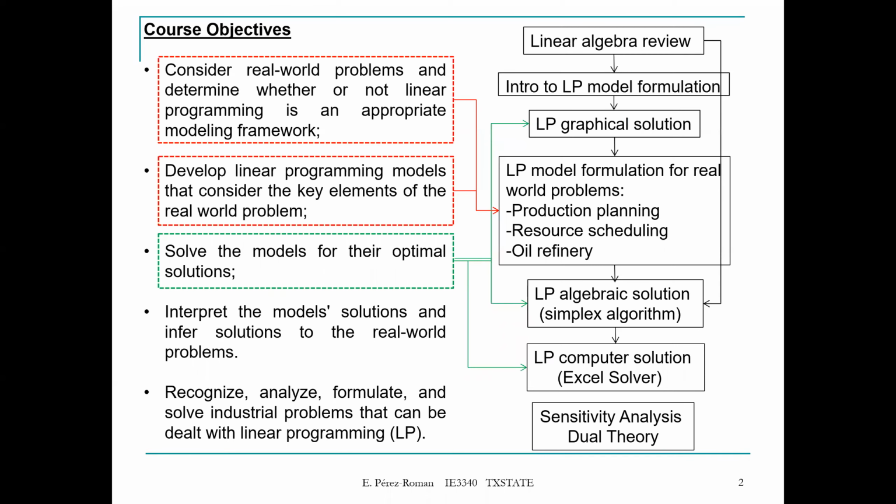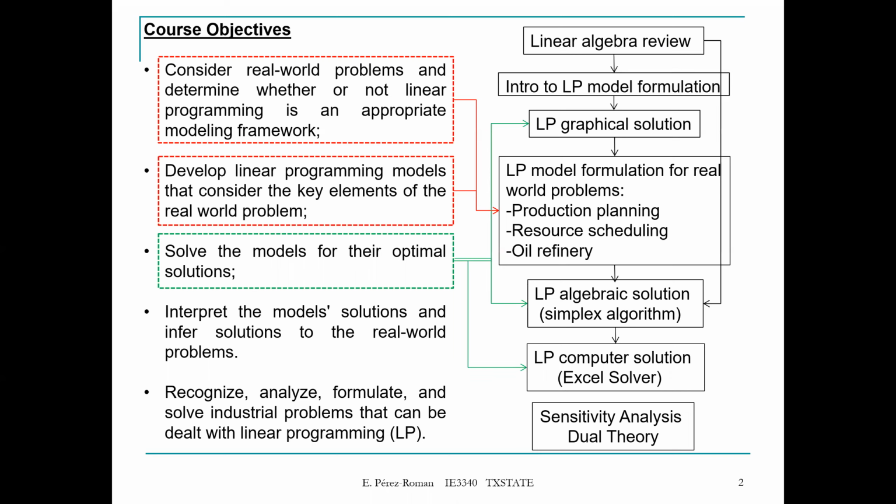And as you can see, this map is showing you how the topics that we have covered are aligned. So far until the previous lecture, we covered sensitivity analysis. Sensitivity analysis and dual theory are related. The idea still is to gather insights from the solution of the problem.